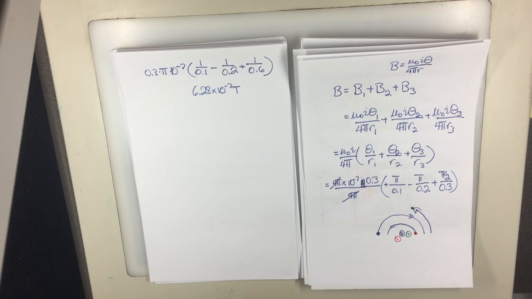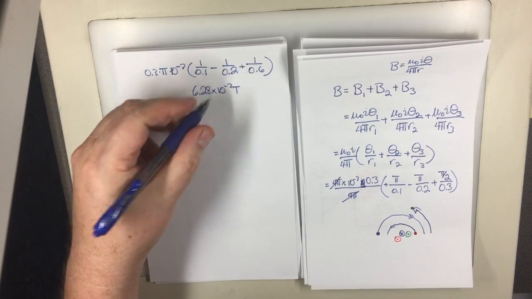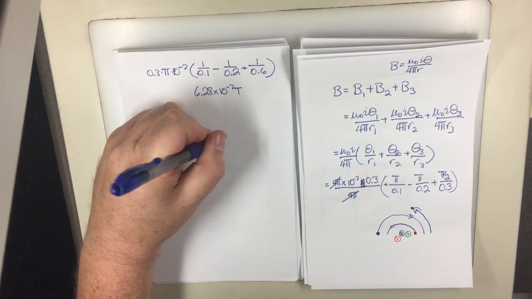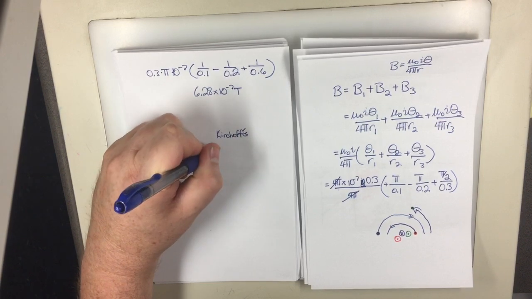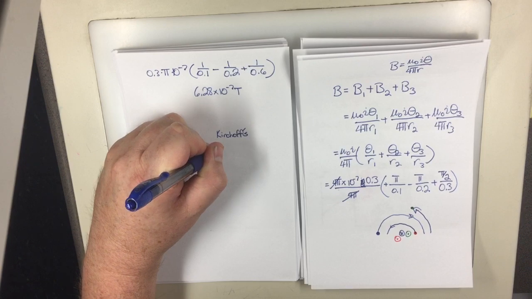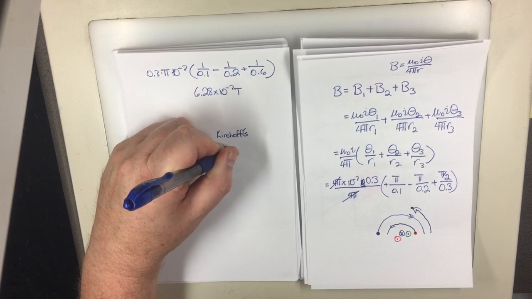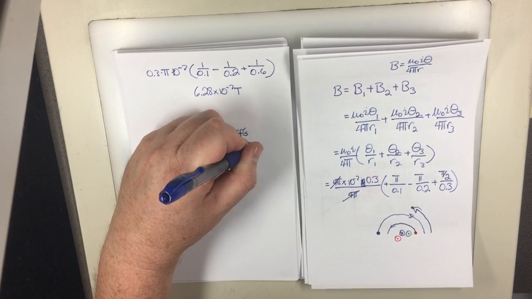So if it shows up on the test, thinking about the test already, because the test is on Tuesday, we have Kirchhoff's for certain. We have magnetic induction for certain.